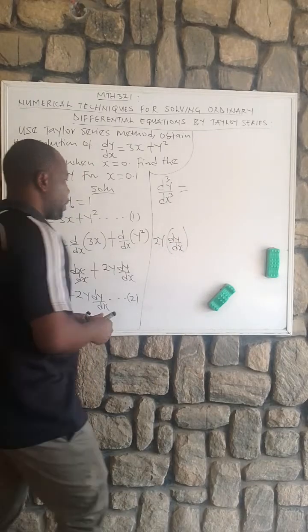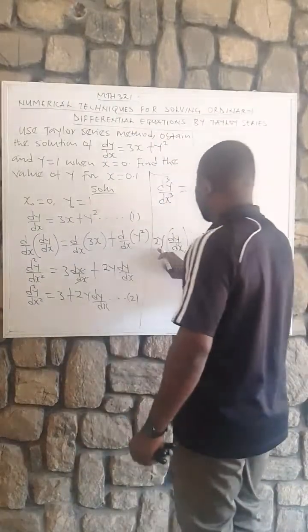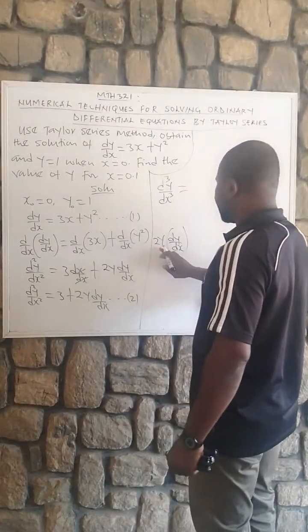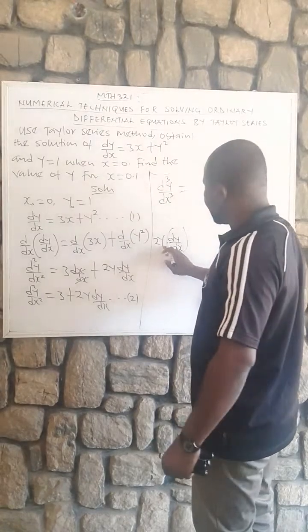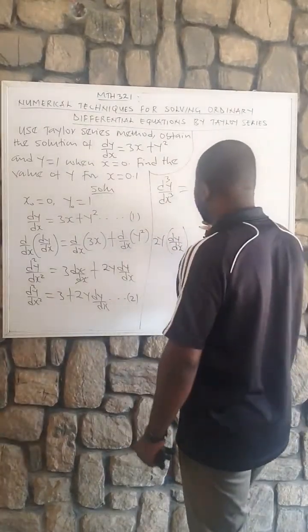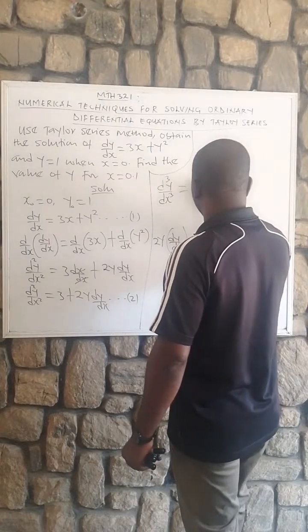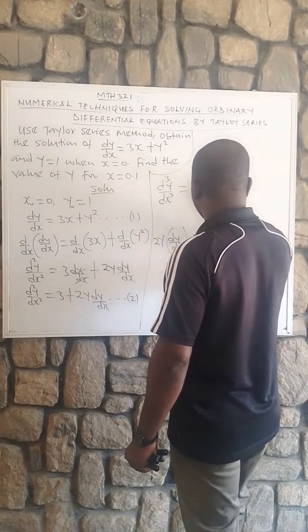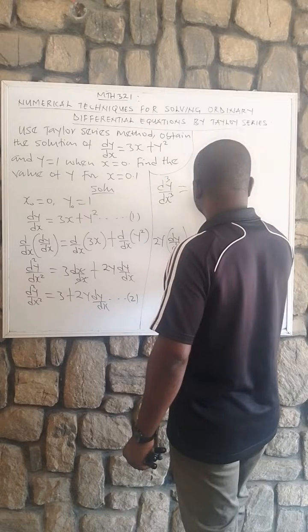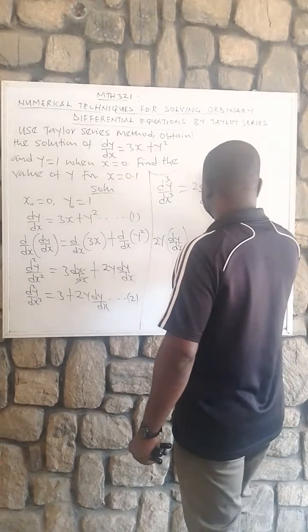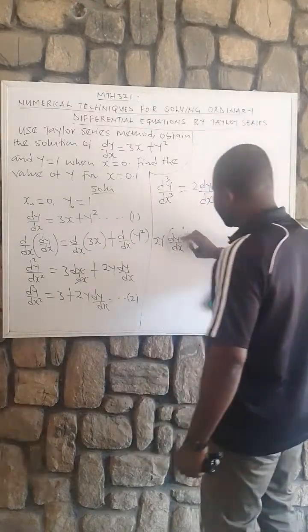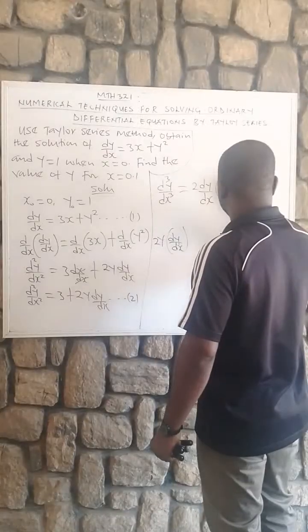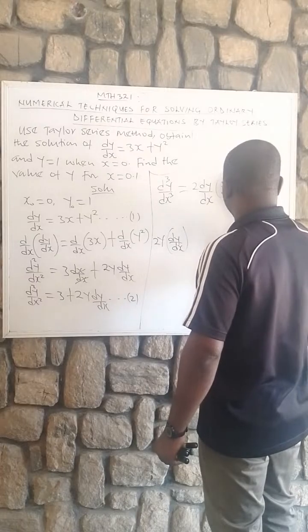Is that clear? So if you agree with me, if we differentiate 2y with respect to y, because it's y that is here, we are going to have 2 dy over dx times the constant dy over dx. I know some of you will still ask questions.